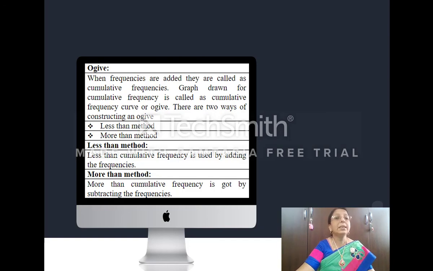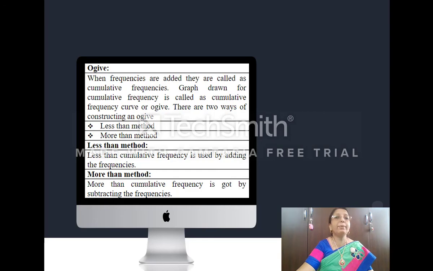So that is a less than cumulative frequency. For more than cumulative frequency, you add from the last value. So 5, 3, 2, 1. The 1 is written as it is in its place, you add 2 to it, it becomes 3. You add 3 to it, it becomes 6, and you add 5 to it, it becomes 11.